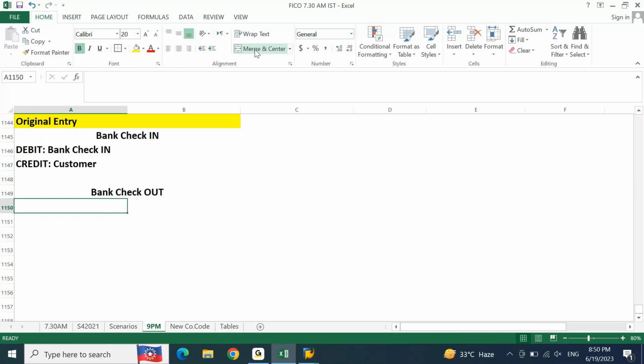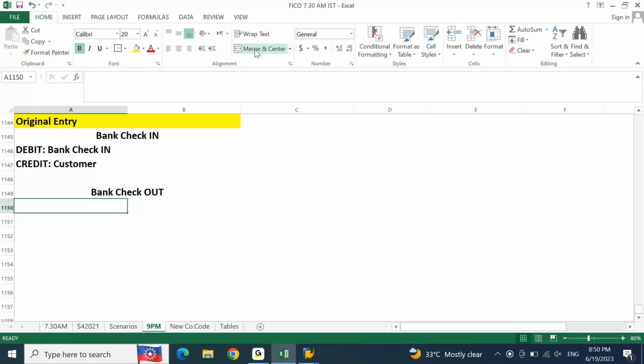Who is receiving the payment? Vendor is receiving the payment. Now when you are making the payment, you are losing the money. Money is going out from you. According to real account, credit what goes out. Money is going out from you in the form of bank. And who is receiving? Vendor is receiving.